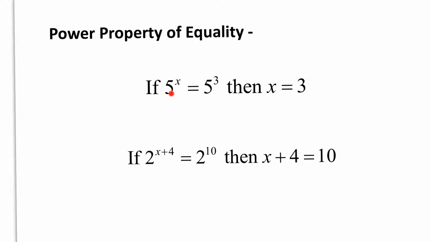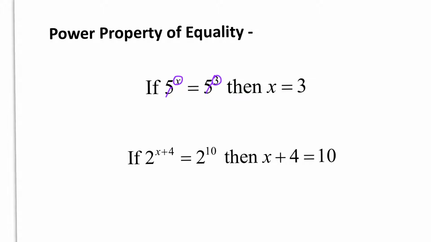If you have the expression 5 to the x power, so the x is an exponent, equals 5 to the third power. Well, to find the x value, if the bases are the same on each side, so there's a base of 5 here, a base of 5 over here, you can cross those out. And once you cross those out, you don't need to use them. All you have to do is keep the exponent.